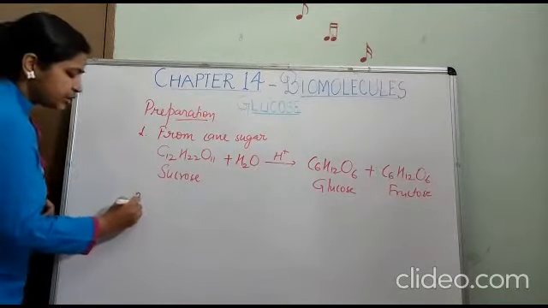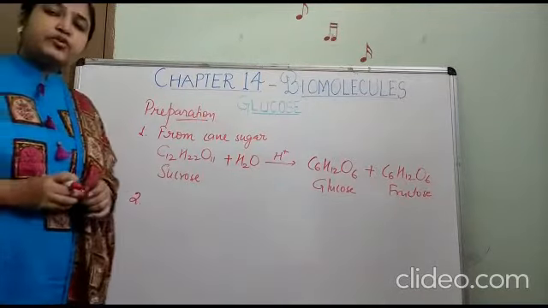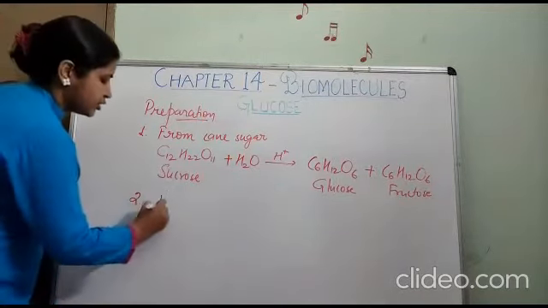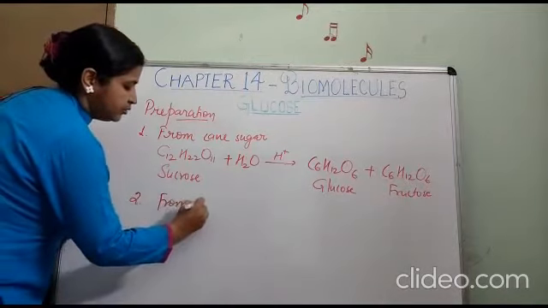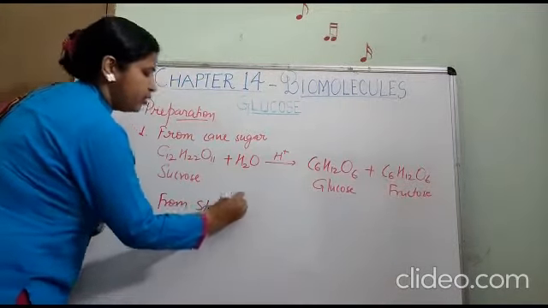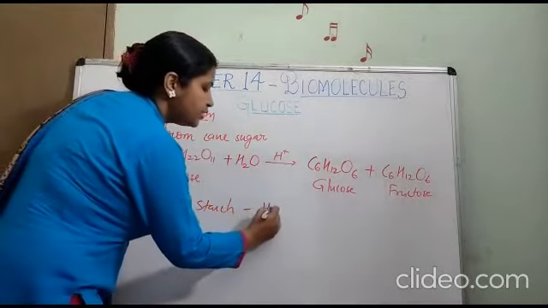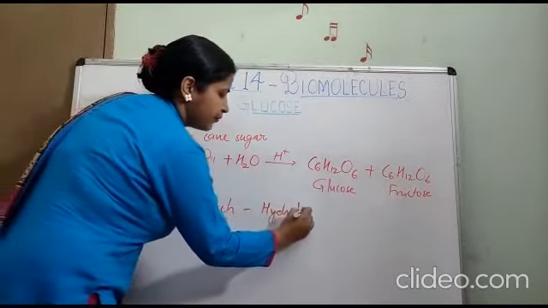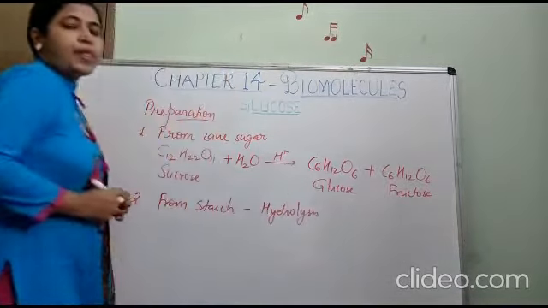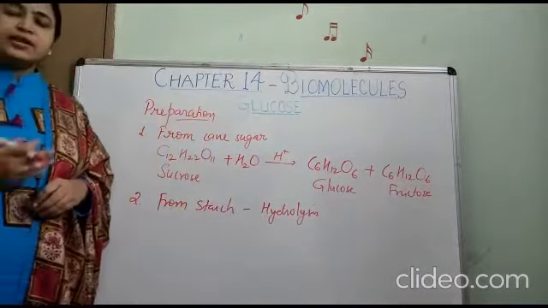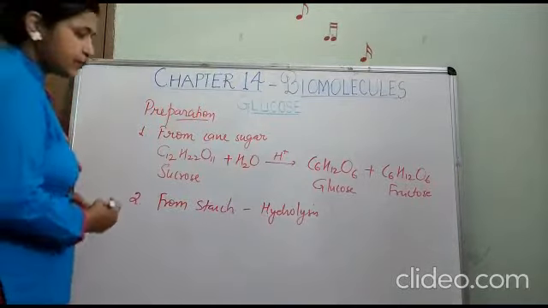Now the second preparation. The second preparation of glucose is from starch. So basically here we are doing the hydrolysis of starch. The hydrolysis of starch is done using dilute H2SO4.